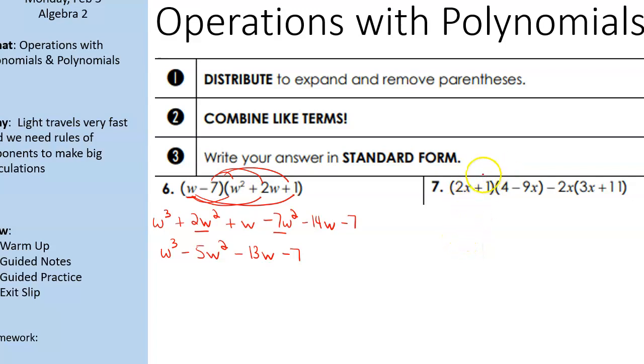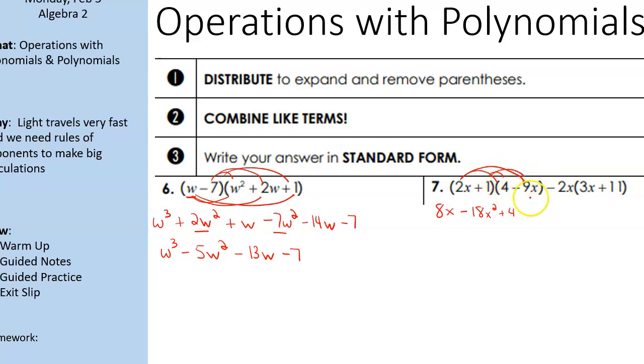Okay, if we do number 7, we're going to start out by foiling the first two binomials here. So we're going to do 2x times 4, which gives me 8x. 2x times negative 9x gives me negative 18x squared. 1 times 4 is positive 4.